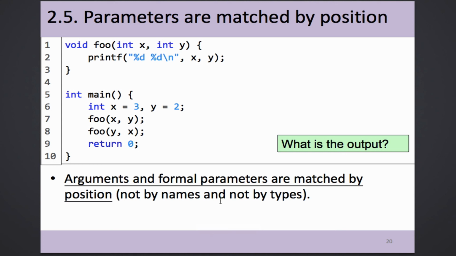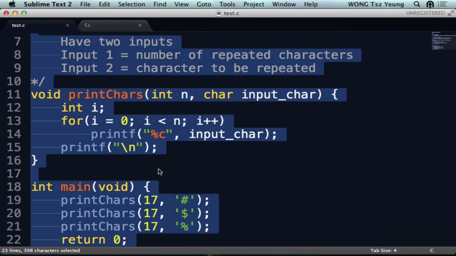And then you reverse the order, you put in 2 and then 3. Then when it goes to the function, it will obey the order that you put in, but not the variable name. Although this is also called X and Y, it doesn't obey the name, it obeys the order.